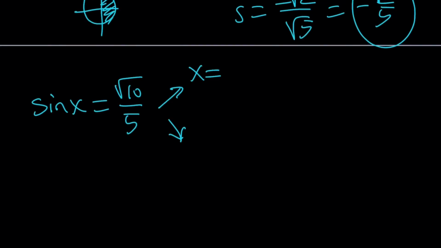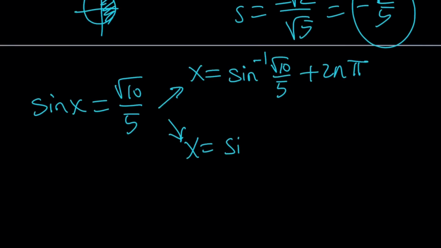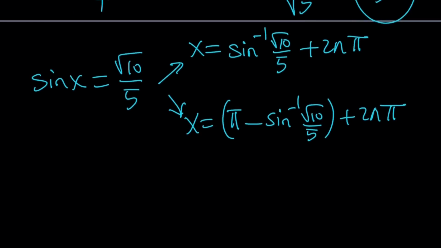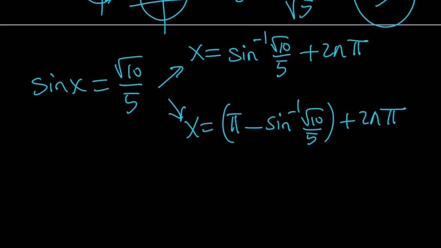Anyways, one of the solutions is going to be the inverse function of sine of root 10 over 5, but you also have to add multiples of 2 pi. The other solution is going to be this one, but this time you kind of have to subtract from pi because if you think about it, if you subtract an angle from pi, which is 180 degrees, then you get an angle whose sine is the same as the original angle. Make sense? First and second quadrant, think about it, you'll get it.